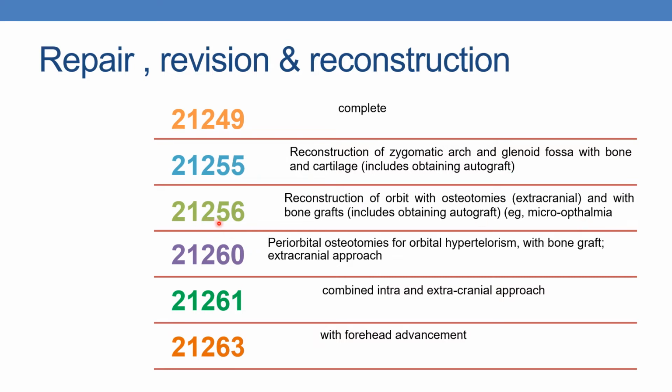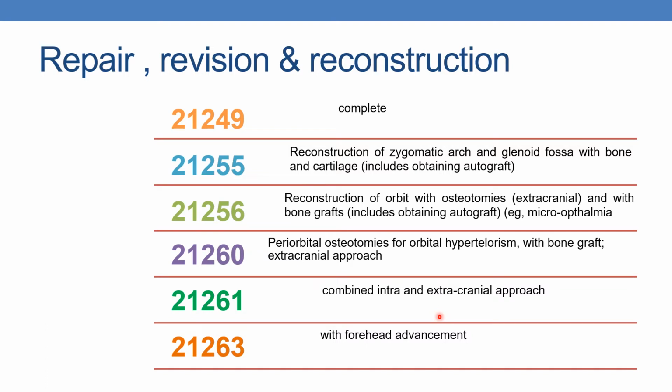The next is 21256. It deals with reconstruction of orbit with osteotomies with bone grafts. Extracranial with bone grafts. The next is 21260. Periorbital osteotomies for orbital hypertelorism with bone graft extracranial approach. The next is 21261.